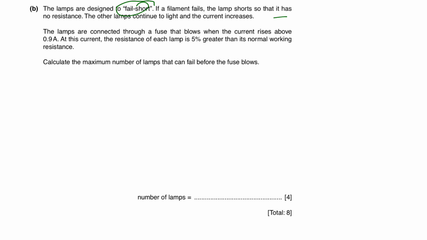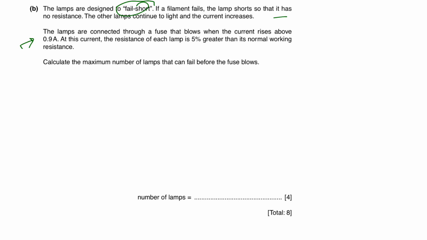The other lamps continue to light and the current increases. The lamps are connected to a fuse that blows when the current rises above 0.9 ampere. A fuse contains an alloy. When current flows, heat also increases.